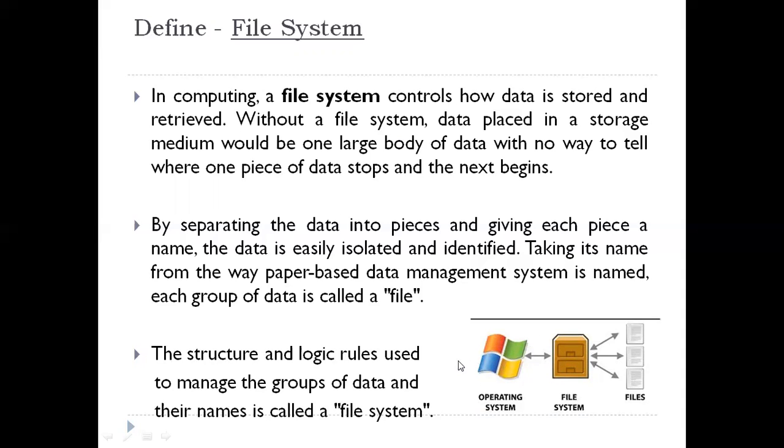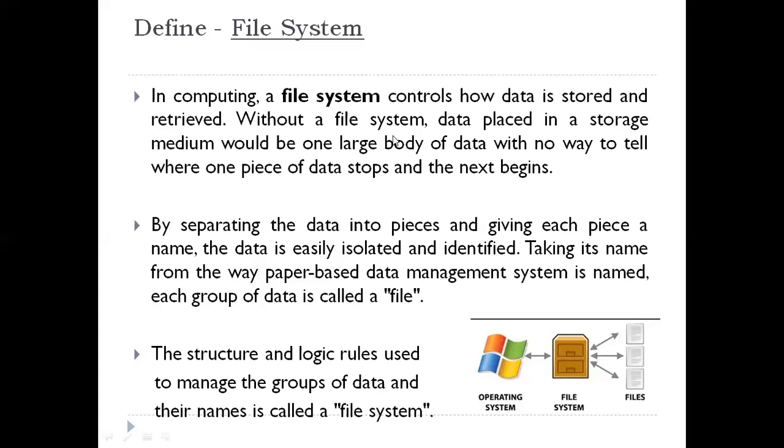So operating system has various functions that have to be done, from the initial booting up to the shutdown of a system. But when you're dealing with the files, which are on the hard disk or the RAM, the file system controls the data to be stored and retrieved.